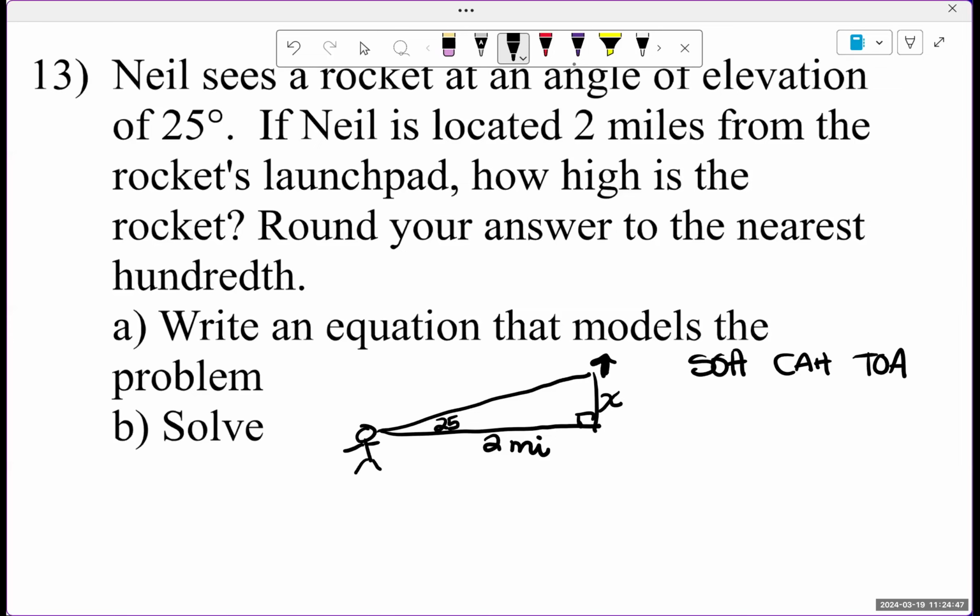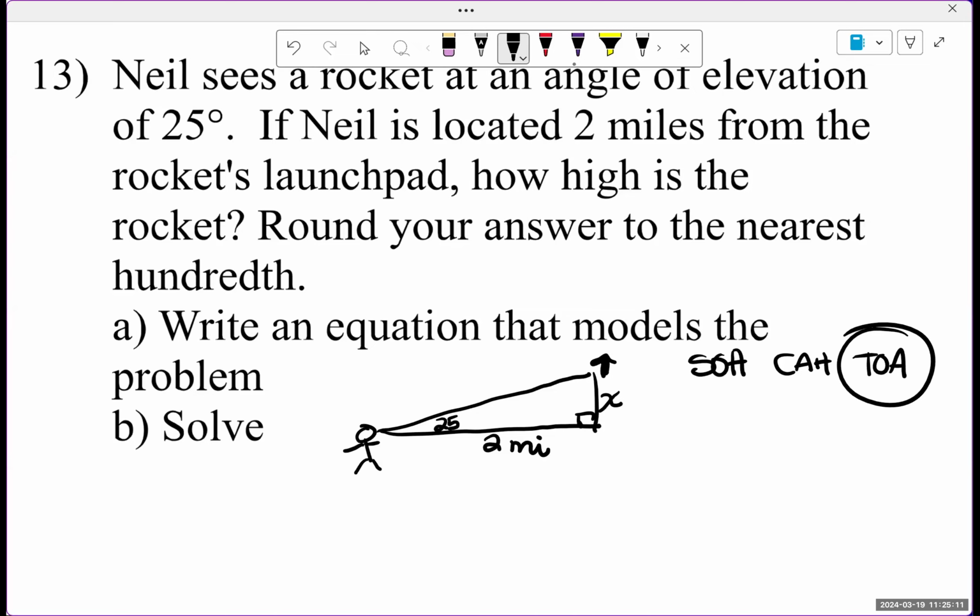Now, in engineering, I believe, not that I've studied engineering, tangent is the most common because you have a horizontal distance and a vertical distance. Do you have the hypotenuse? No. Is there a string attached to the rocket ship? No. A lot of your trig word problems actually use tangent.